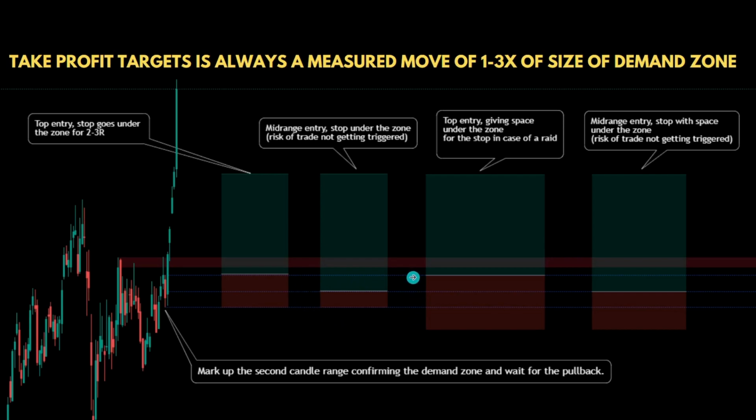For this one, you enter the top of the PKC, giving some space under the zone for a raid. You give up less R, but it's also safer, just in case price decides to raid the low. Mid-range entry with stop with space under the zone. You risk the trade not getting triggered, but it's also safer just in case of a raid.